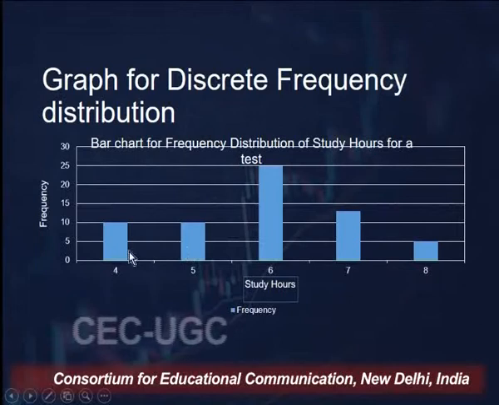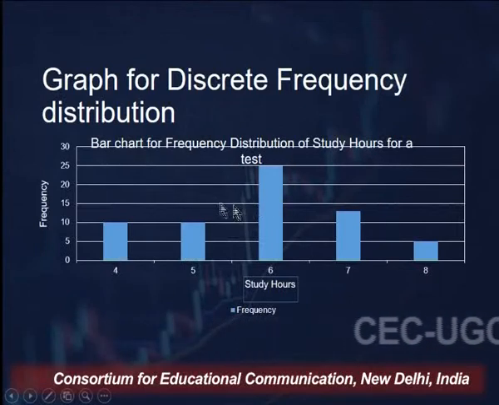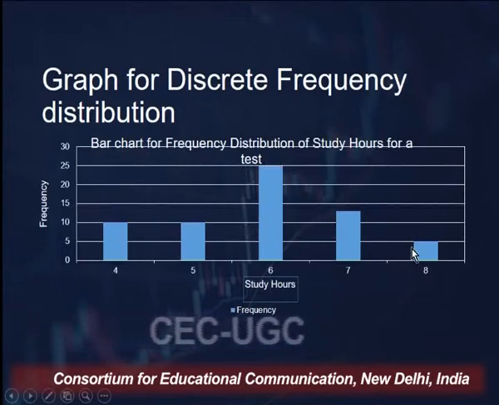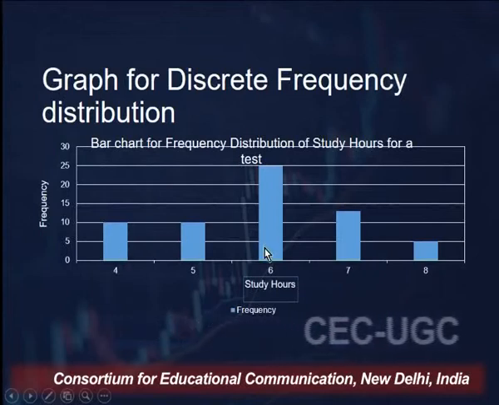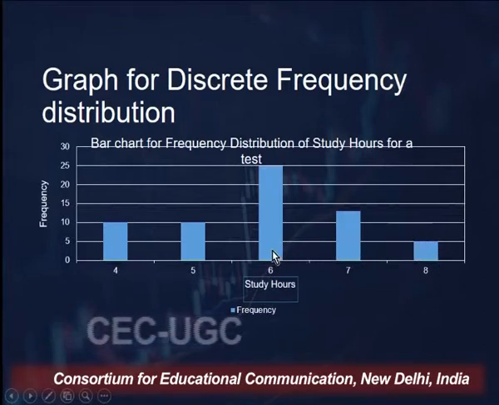So by looking at this bar diagram, we can more or less get an idea about how the frequencies are distributed over the different values of X, and also what is the maximum frequency and the minimum frequency, and things like that.